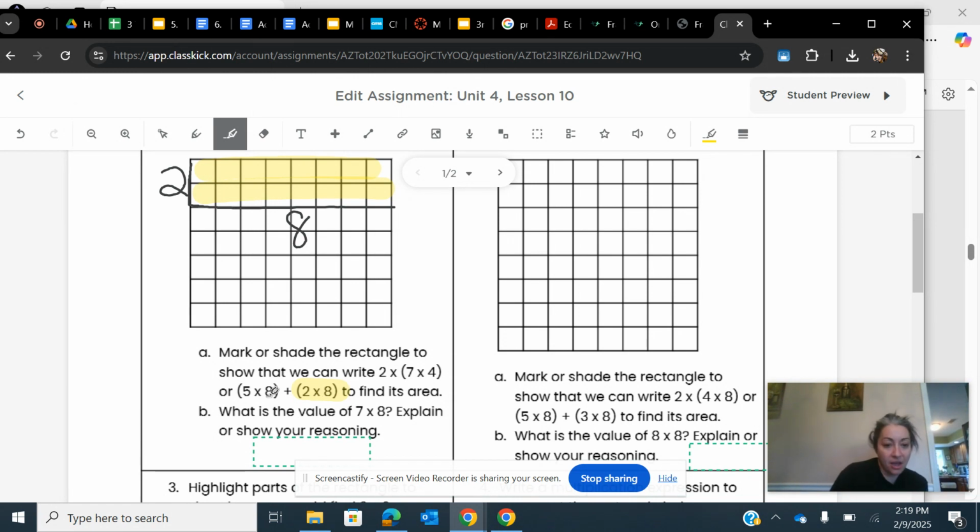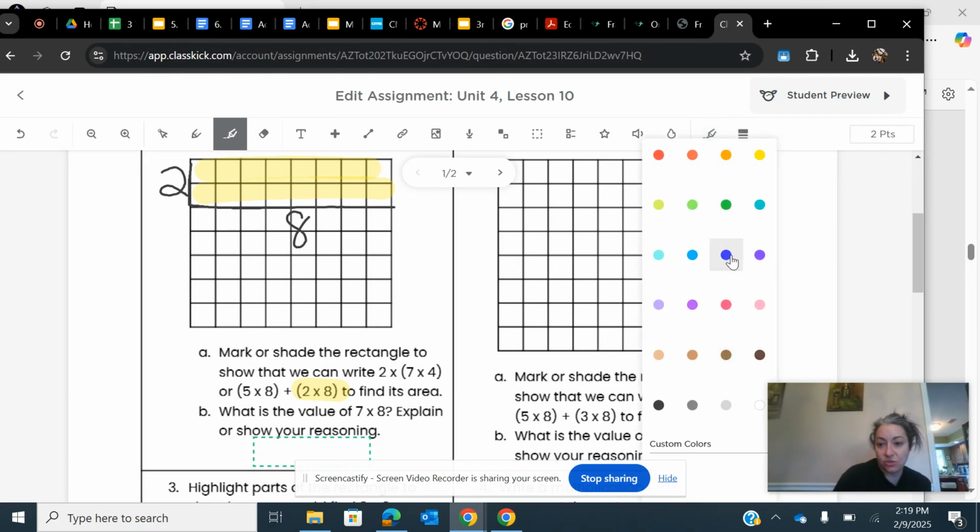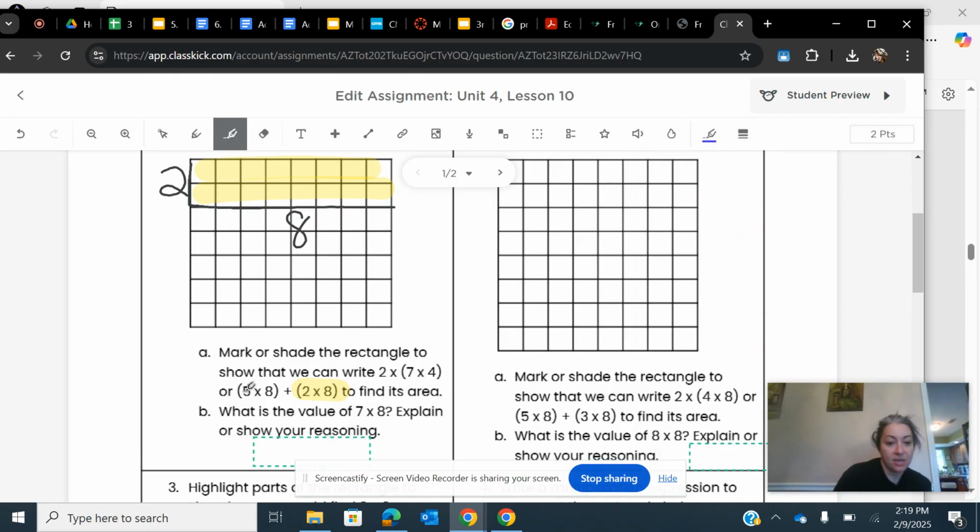And the other one I would do is 5 times 8. I'm going to choose a different color. Let's do blue. That looks good. I'm going to highlight 5 times 8 in blue, and then I would draw my 5 times 8. Now, if we did it correctly, it should be what we have left. So this is 8 across. 1, 2, 3, 4, 5, 6, 7, 8.